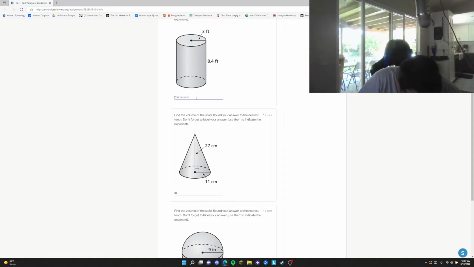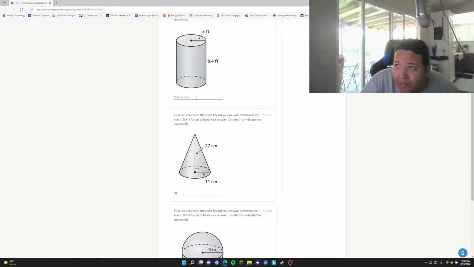So, I have the formula for a cone and a sphere, and for any other shape on my notes. I did not write this perfectly. Is V equals pi times r squared times h. That's all I have in my notes, and I don't feel comfortable just straight up Googling the formula, so we're gonna fail.